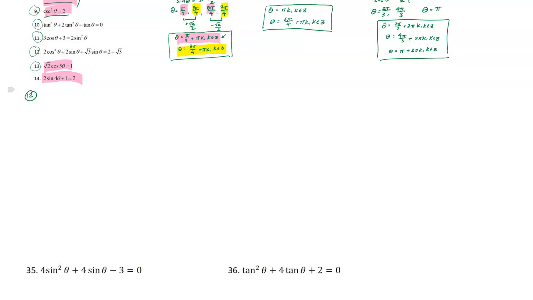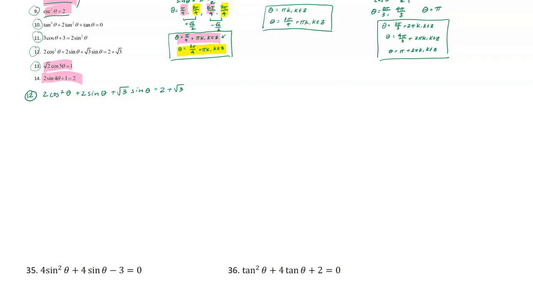I'm not going to do that one. Completing the square is not going to be on the test. So we have 2 cosine squared theta plus 2 sine of theta plus square root of 3 sine of theta equals 2 plus square root of 3. It looks like a bunch of mess, huh?